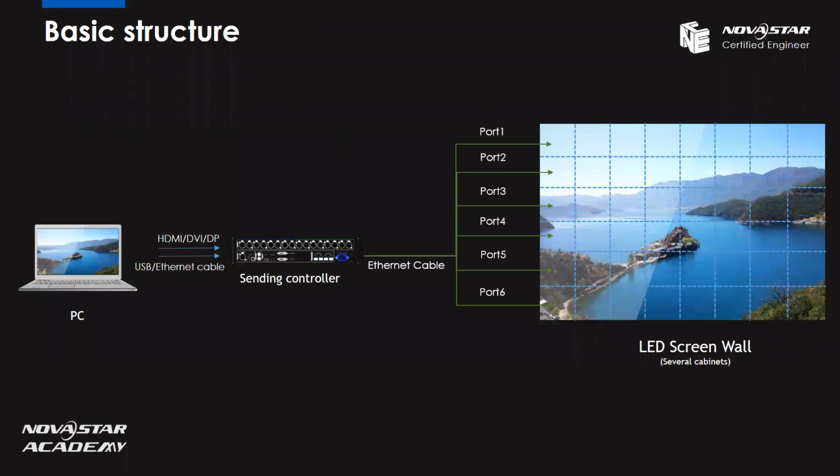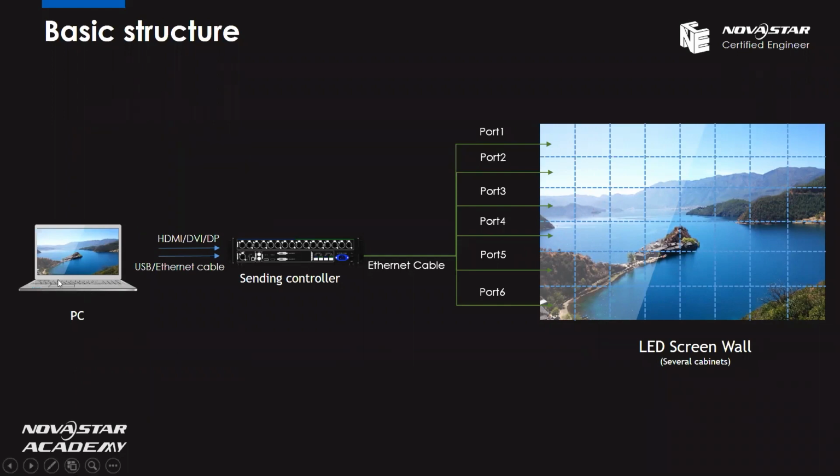After the LED screen has been set up, without thinking about the video processor, if we want to display an image on the LED screen, first we need to build up the basic structure of the LED control system.